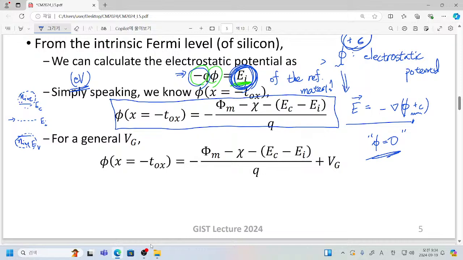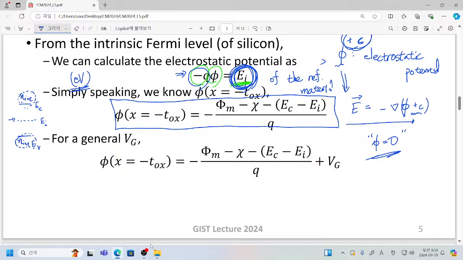Okay, so this looks quite complicated, but don't be bothered by this seemingly complicated expression. The rule is quite simple. We just made use of the continuity of the vacuum level.